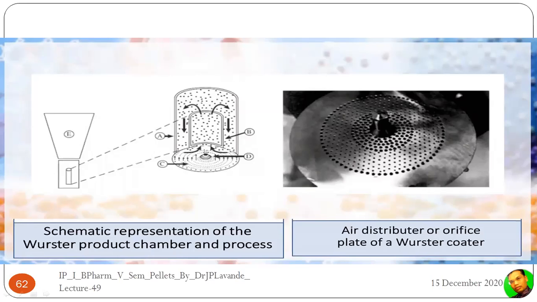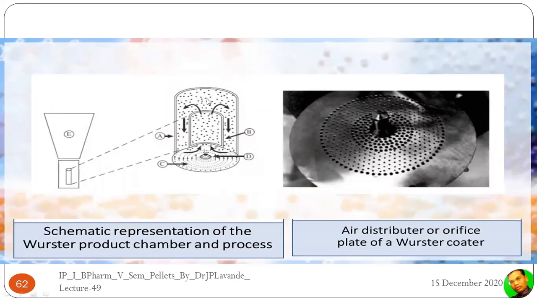You can see on the left side of this slide A, which is said to be the product chamber. Then there is B, which is the separator. There is C, which represents the orifice plate. There is D, which is nothing but the nozzle. And on the left hand side, you can see this small portion which is magnified in order to show all these parts.